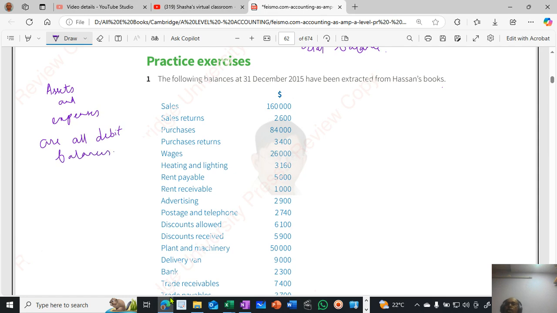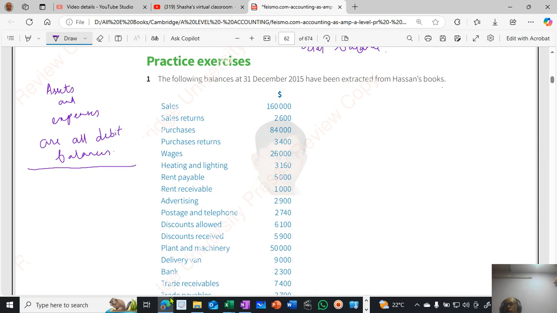Assets, real account assets, means plant and machinery, delivery van, bank. All these are assets, and all these are expenses: purchases, wages, heating and lighting. They should all be debits, always debit balances, and they should appear on the debit side. Remember this, learn this by heart. This is very helpful, a very basic foundation for balances.